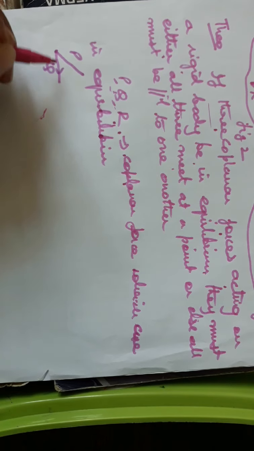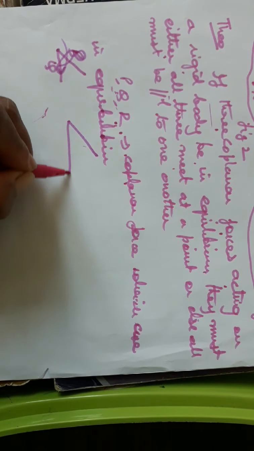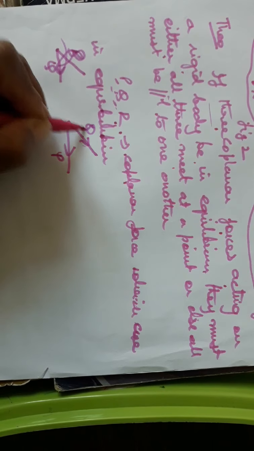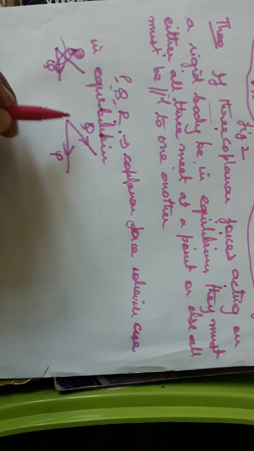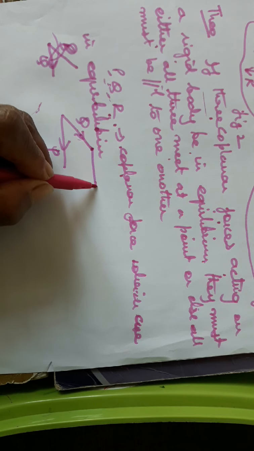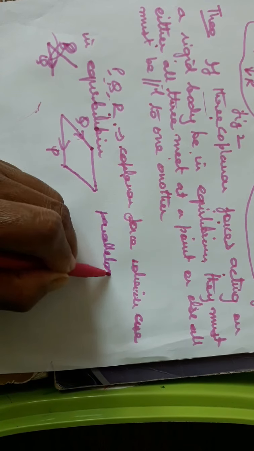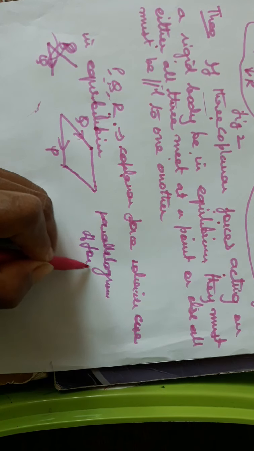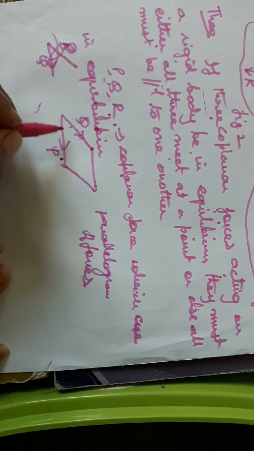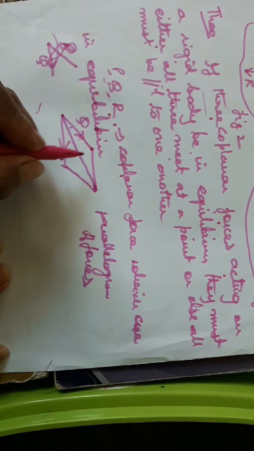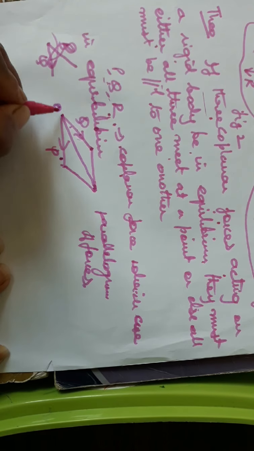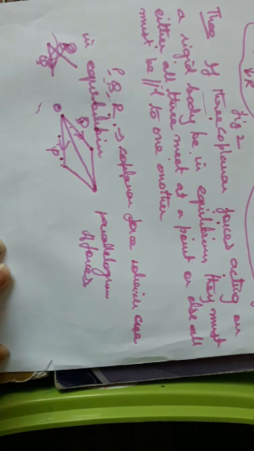This is force P and this is force Q. Then by parallelogram of forces, which is in unit 1, these two forces can be combined into a single resultant acting through this point O, where P and Q meet.